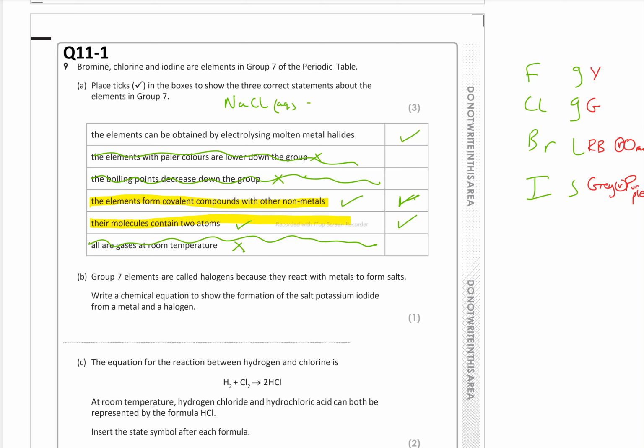You end up with sodium metal at one electrode and chlorine gas at the other one. That's how I eliminated those, but maybe you can just learn them off.